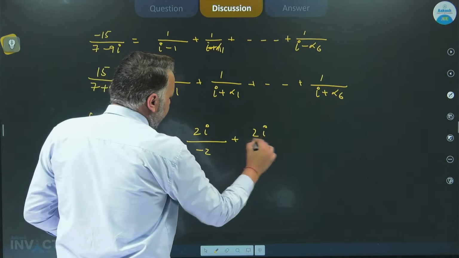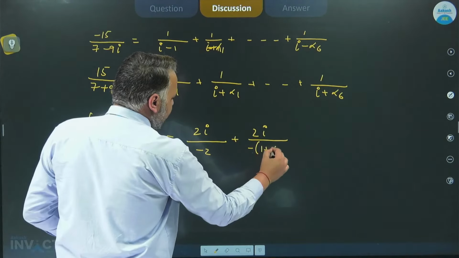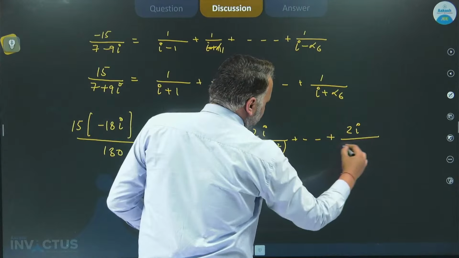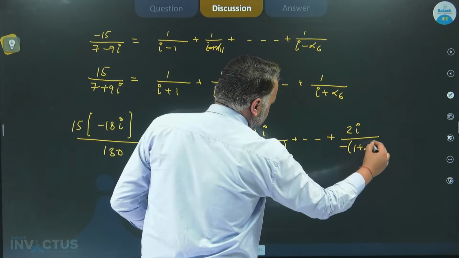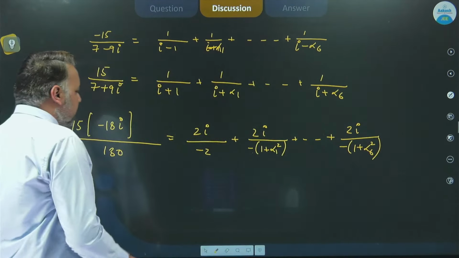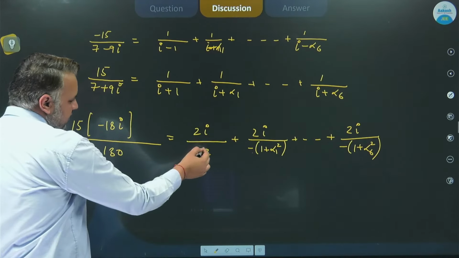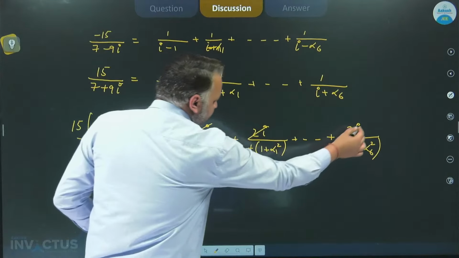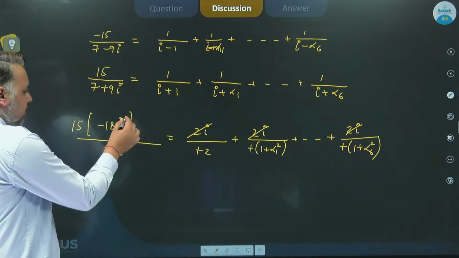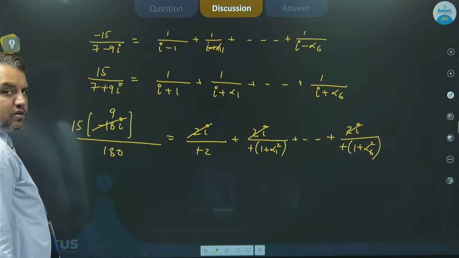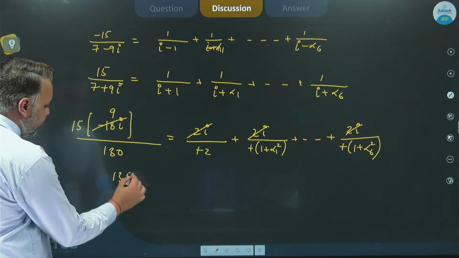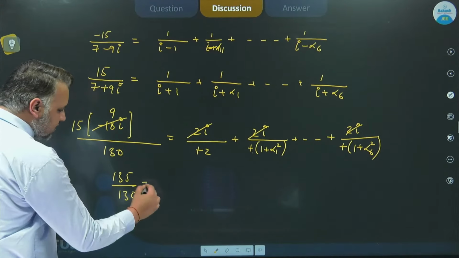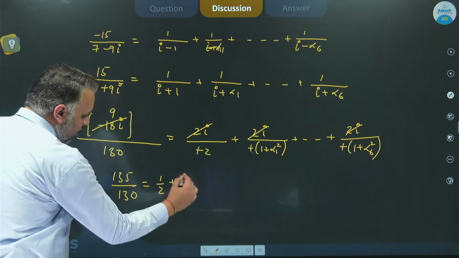Similarly, 2 iota divided by minus 1 plus alpha 1 whole square, up to 2 iota divided by minus 1 plus alpha 6 square. So from both the sides, you can cancel out minus 2 iota. This will be 9. So this is 135 divided by 130, which is nothing but half plus required.